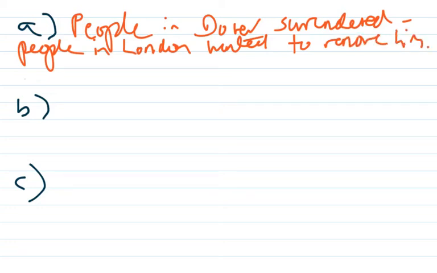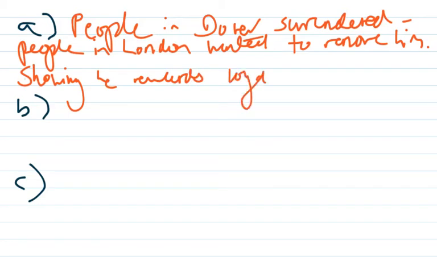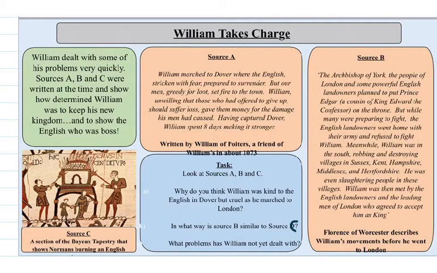So William showing he rewards loyalty. So he's showing that, look, if you surrender and agree to follow me, I'll let you live. I'll give you the money to repair for the damage. If you try and overthrow me, then I will come and I will destroy your villages. Good. Well, not good. You know what I mean. Good that we've completed the task. Not good that he's killing the Anglo-Saxon people.